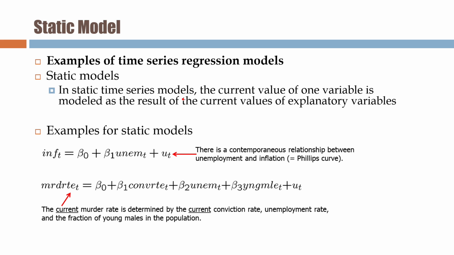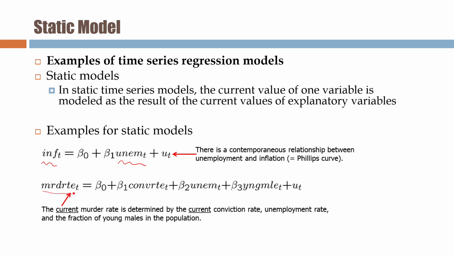What we call the static model is, just like what we did with cross-sectional data, can we use one timeline against one timeline? Can I calculate the inflation using the unemployment? So we treat one timeline's data as an individual observation.